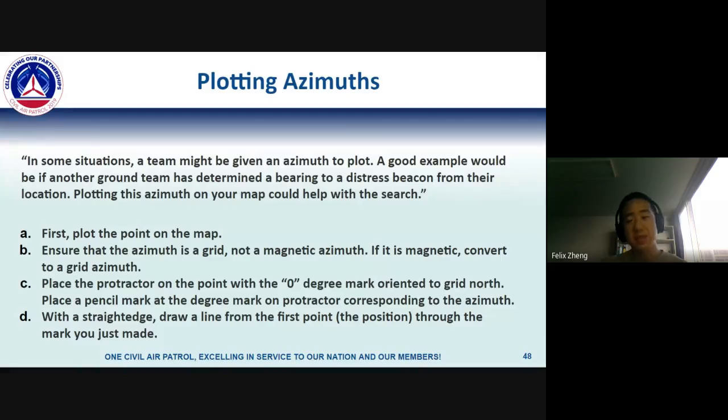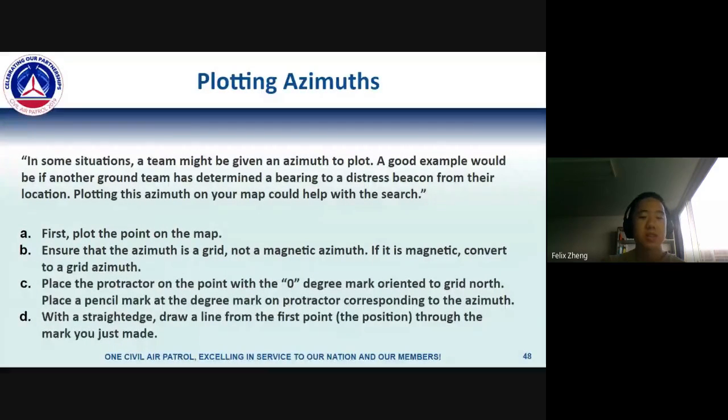If you got a magnetic azimuth, for example from your compass, then you need to convert it to a grid azimuth before plotting it on the map. In Illinois, that is not such a big deal because the declination should not be that big. But out here in Colorado and out east, the difference will be 10, 12, 20 degrees. So that is very important.